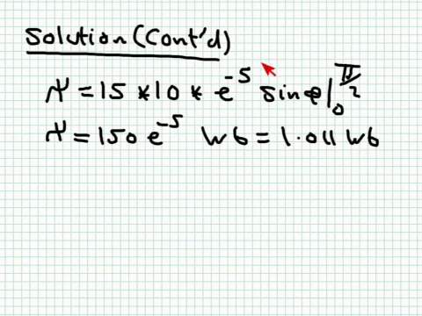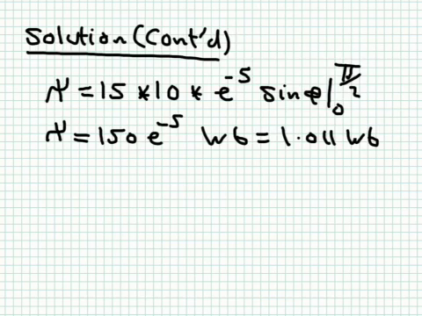I put rho equal to 5, so I got e to the minus 5. The integral of cosine phi will give me sine phi, and for sine phi, you put the upper limit and lower limit. The one that will give you a value here is the upper one, so it will give you 1. So this will give you 150 multiplied by e to the minus 5 Webers, or 1.011 Webers.